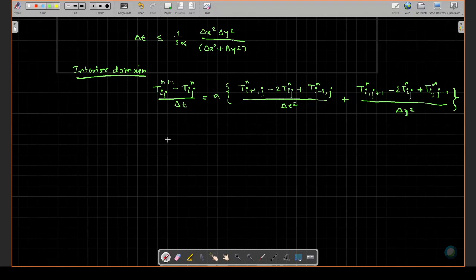And this is for the interior domain, for i from 1 to less than nx minus 1, and similarly for j.